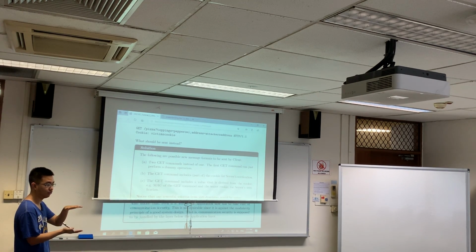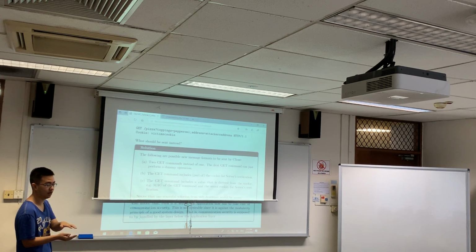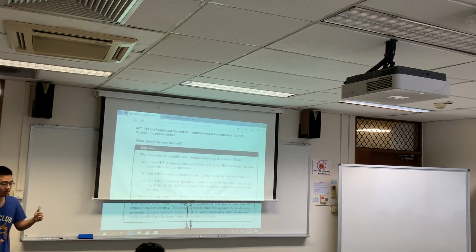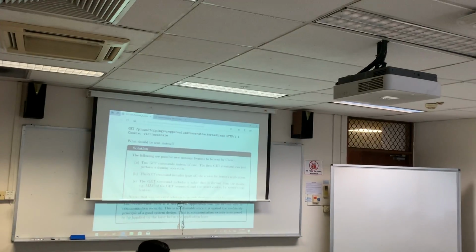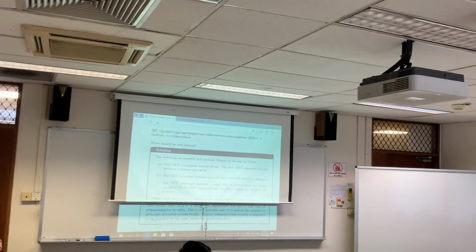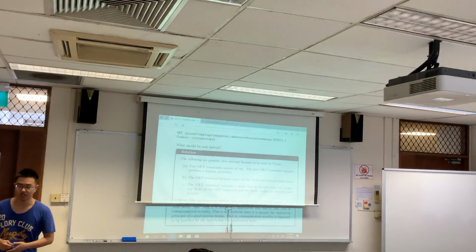So in this case, we should solve this problem in its own layer instead of in the application layer. If we just solve it in the application layer, for further implementations, we will meet the same vulnerabilities. Okay, and that's the reason why it's not the optimal solution.